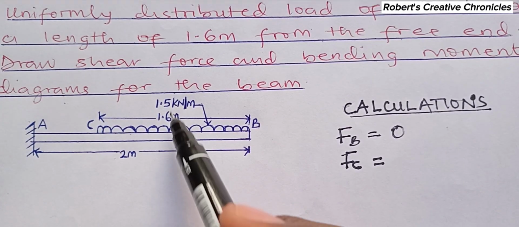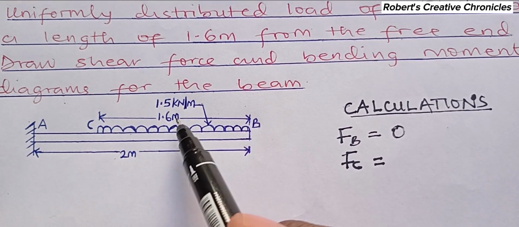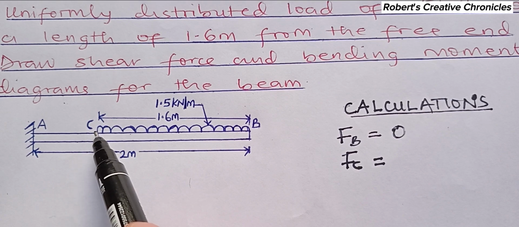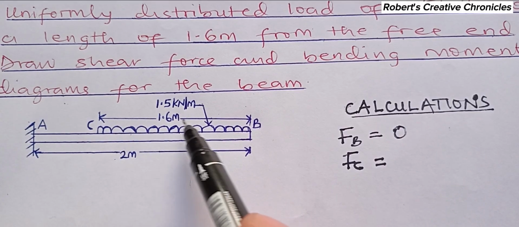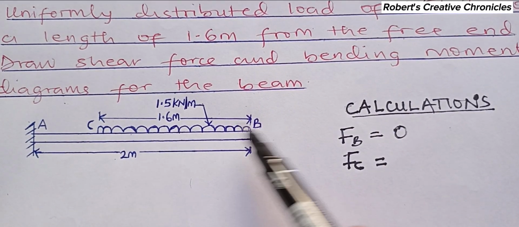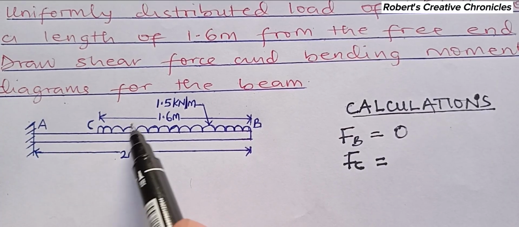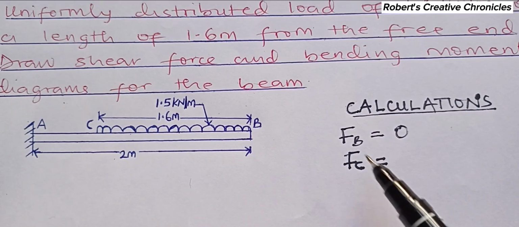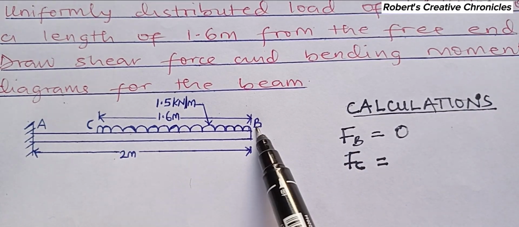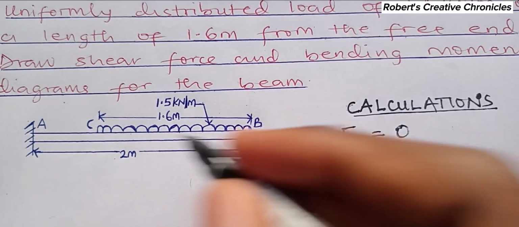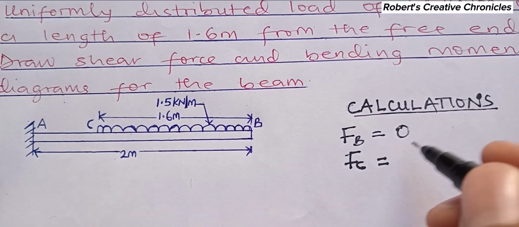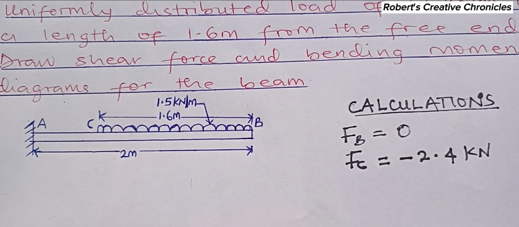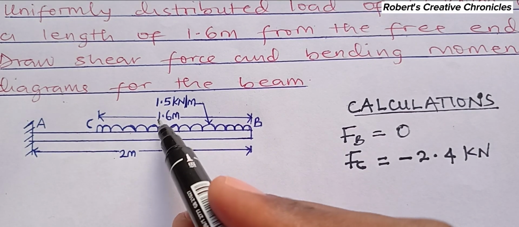So any weight before this point is the shear force here. All the point loads or the UDL that you add before this point, when you are going like this, the magnitude will be acting here. That means the total load here is 2.4 from the calculation. That means the shear force at this point is also negative 2.4, acting downward, negative 2.4 kilonewton, which is 1.6 times 1.5.